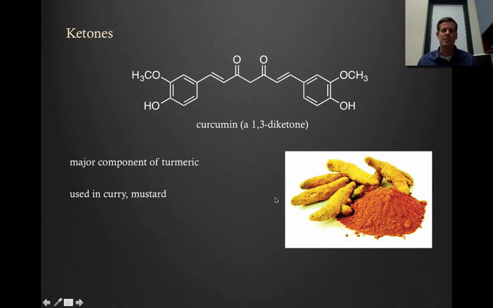One of the most common is mustard. So if you ever just put yellow mustard on a hot dog, the thing that gives that its bright yellow color is actually curcumin. And it has a reasonably pleasant flavor. It's very spicy, so it basically has the flavor of curry. What's interesting, in addition to its culinary uses, is that curcumin also has pretty potent anti-inflammatory properties.